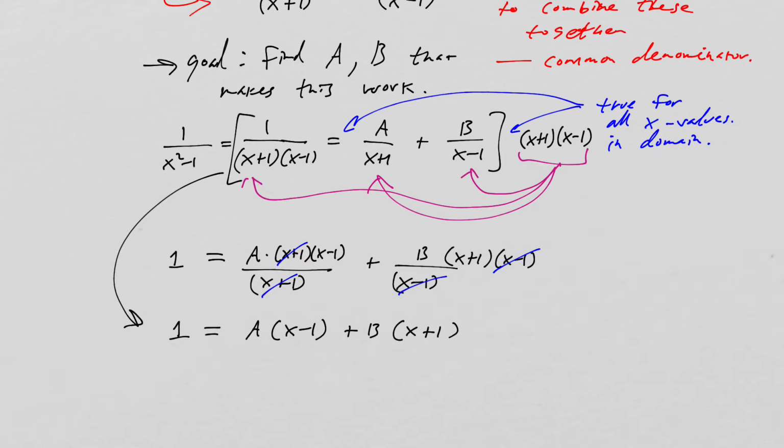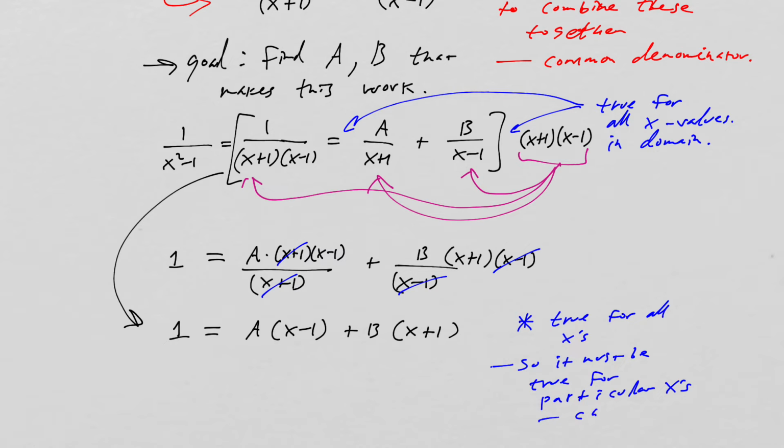What's useful about this is that I need to state that this is true for all x's. And what that means is it must be true for particular x's. And so we can actually choose some good ones.